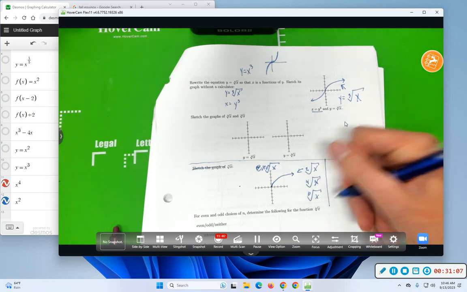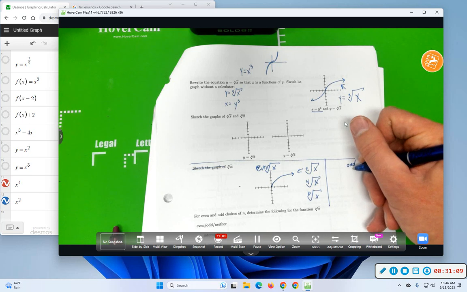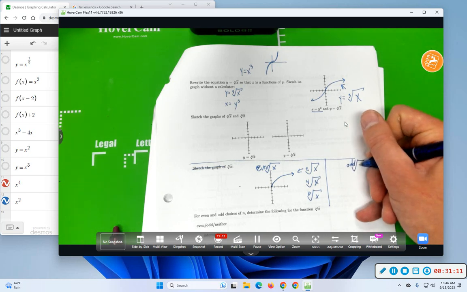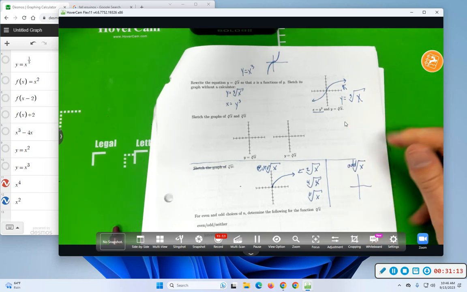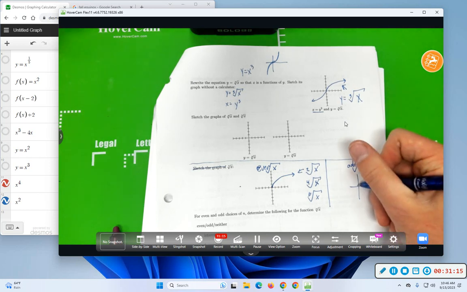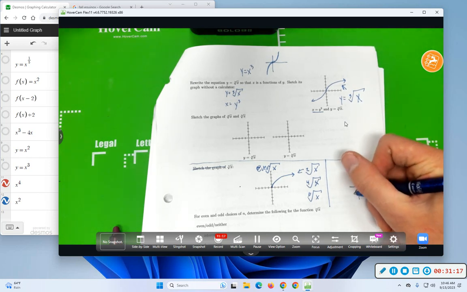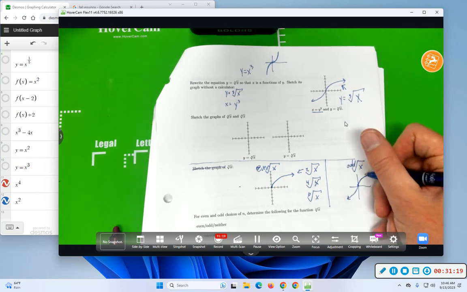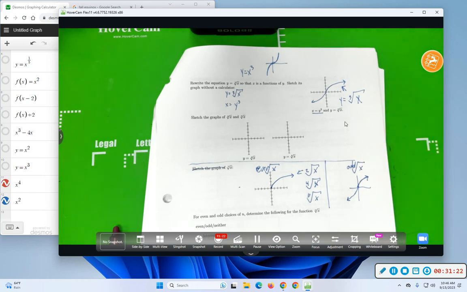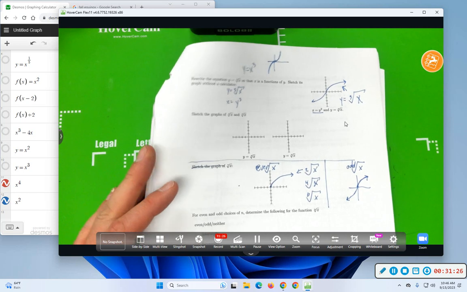Whenever you see an odd root of x, they'll all look basically like the cube root. All of the graphs will look something like this. So, cube root of x, fifth root of x, seventh root of x, and hopefully that's not a surprise either.